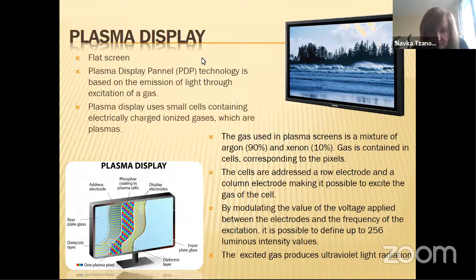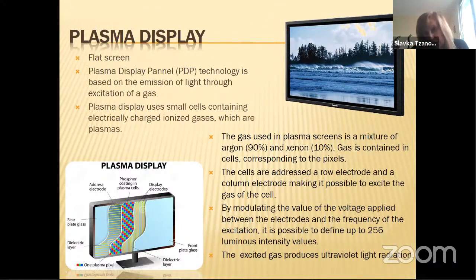The cells are addressed. I'm not sure you can see the pointer. They are addressed by row electrodes and the column electrodes from the other side, and between the two electrodes there was voltage applied, the electric field, and the gas was excited until plasma state.